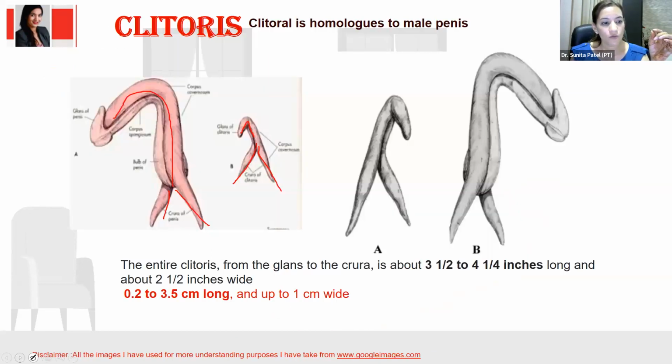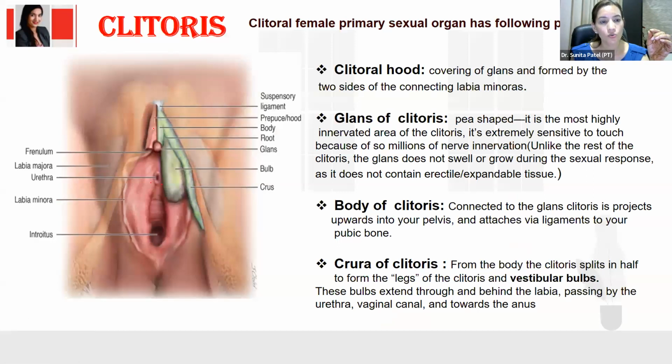This is very visible in this image. You can see the glans of the clitoris, the clitoral hood, the body of the clitoris, and the suspensory ligament joining it with the pubic symphysis, the central part. Then it splits into the legs.